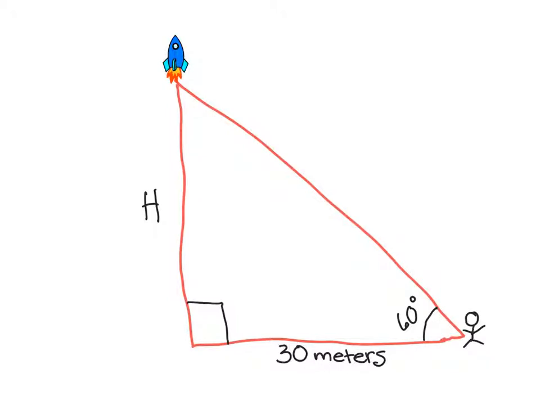So we're going to start by giving this angle a name, and I'm going to call it angle theta. And according to the tangent function, when you have a right triangle, the tangent, so tan, of the angle theta, which I'm labeling this angle here where you're standing, is equal to the opposite side.